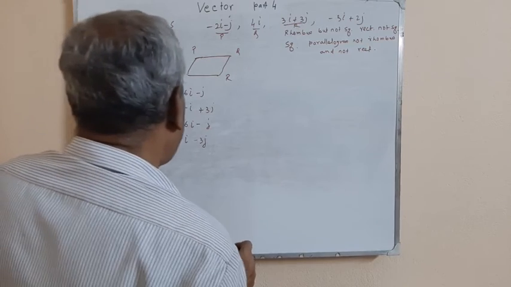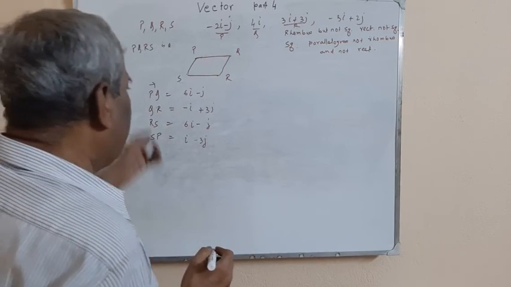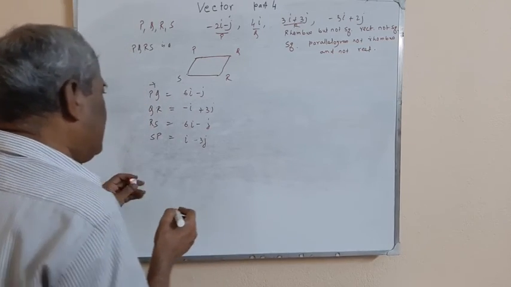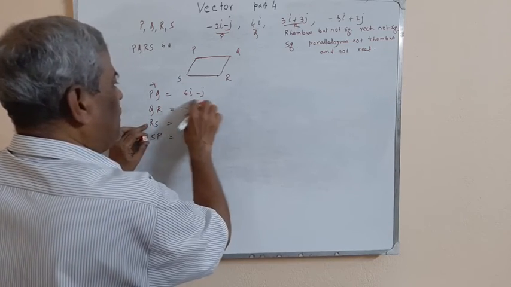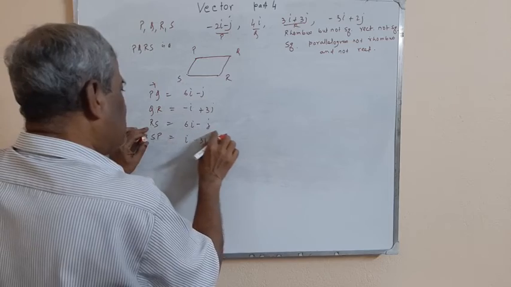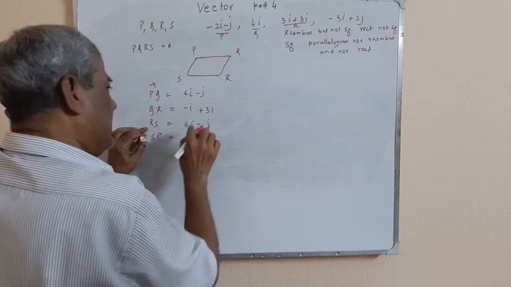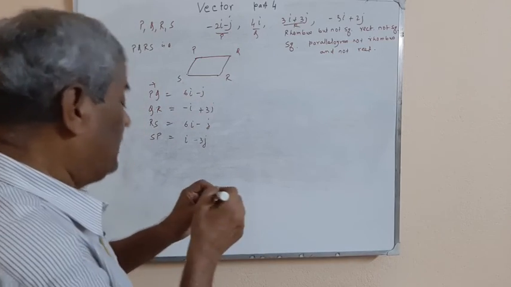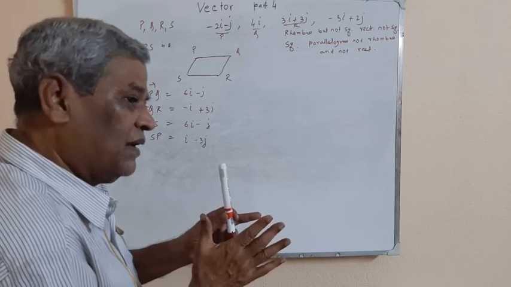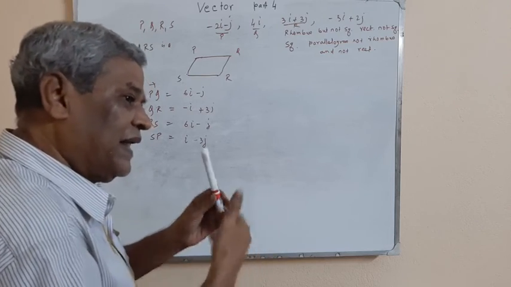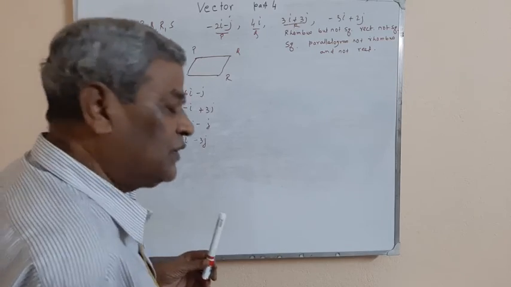Now it is clear from that that PQ is parallel to RS. PQ is this, RS is this, the same vector. So vector PQ and vector SR are equal vectors, and the magnitude is also equal.